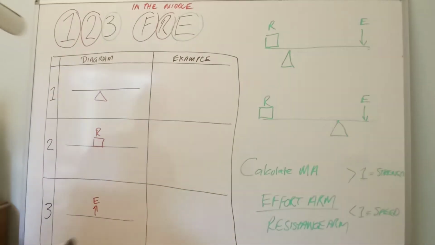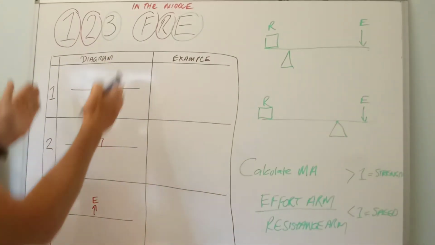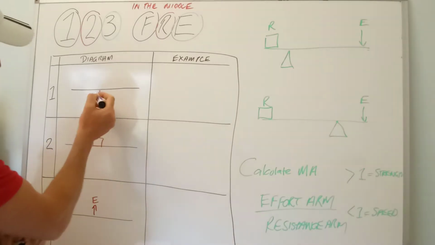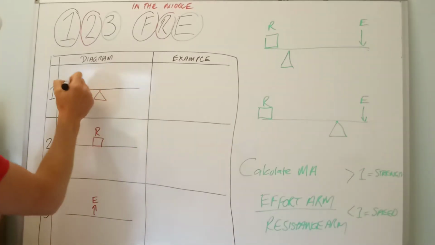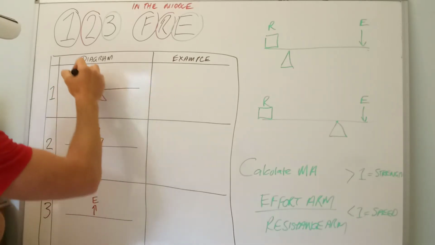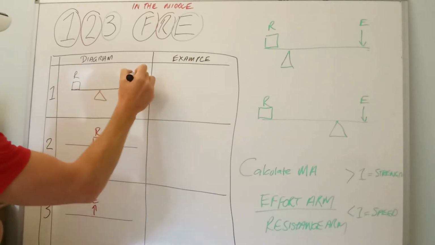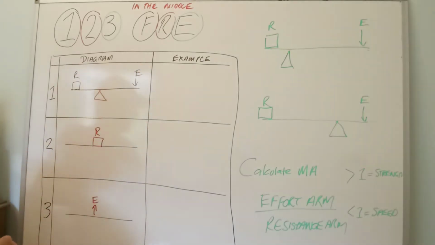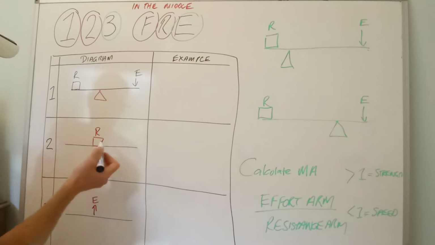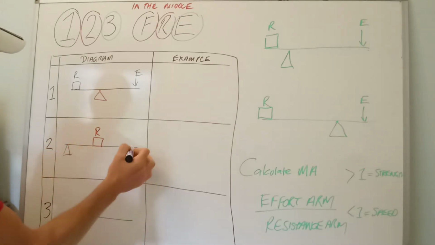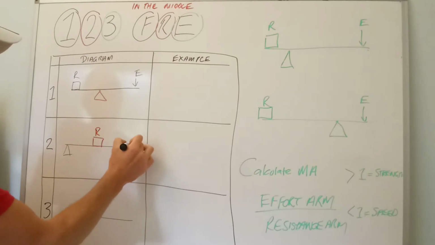How it works is it doesn't really matter where you put the rest of it. Remember, you've just got 3 symbols to put in. So you've got the fulcrum, and here in a class 1, this could be the resistance on this side, and then if that's going down, to even it out, the effort is here. Again here, you'd have the fulcrum on this side and the effort on this side.